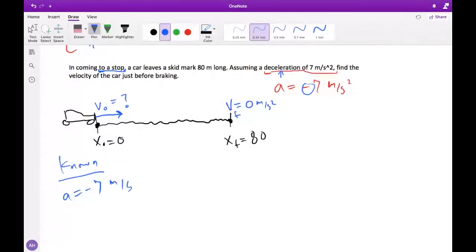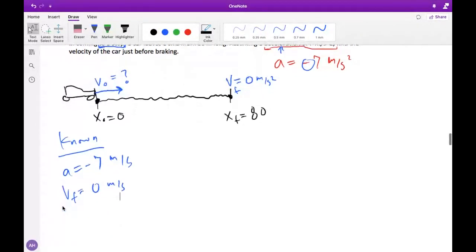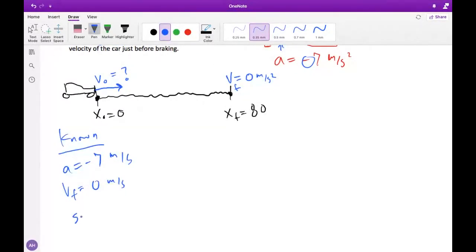We know the final velocity is 0, and we know the displacement is 80. And so the unknown would be the initial velocity.